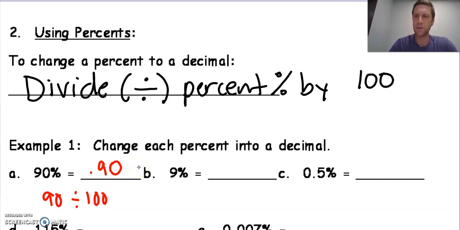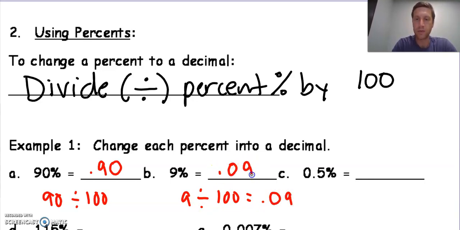You can always add zeros at the end of your decimal number. 9% divided by 100, and you're going to get 0.09, right? 0.09. 0.5% divided by 100, you guys get the idea, right? Your calculator, you're going to see that's 0.005.